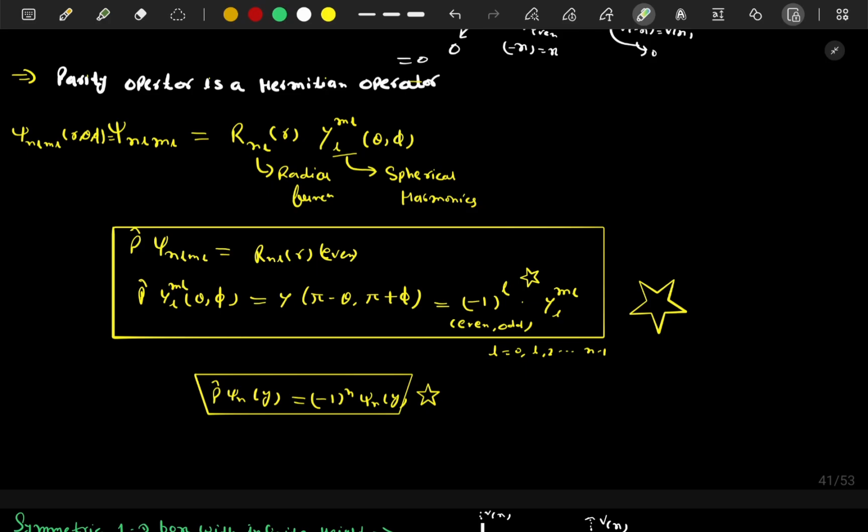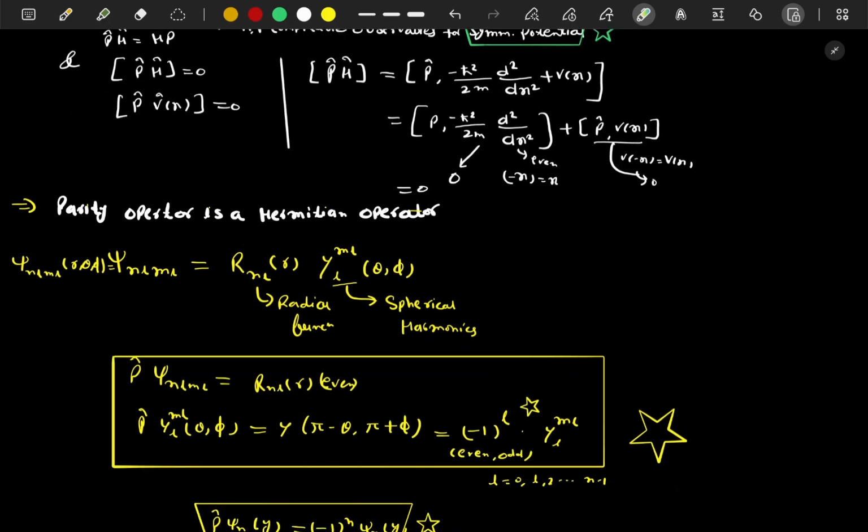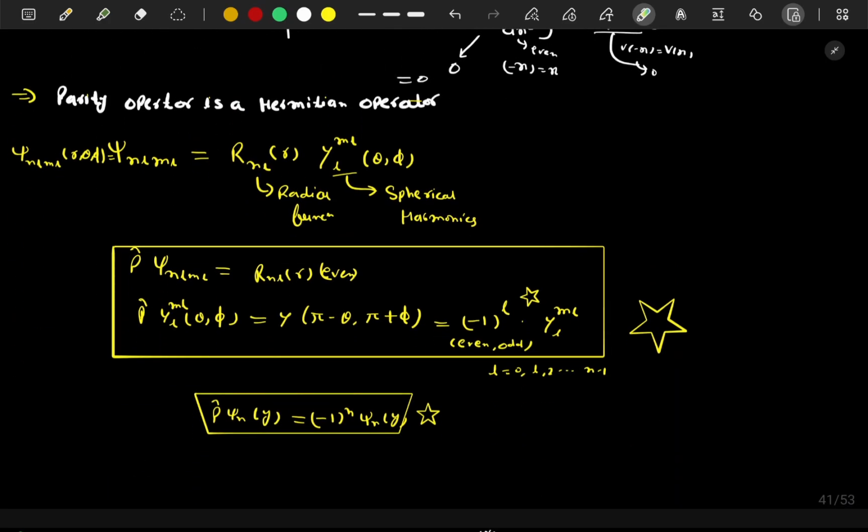Now, psi_nlm(r, theta, phi). For the hydrogen wave function, for the hydrogen atom, we will use this R_nl(r), and by the variable separation method we will use Y_lm(theta, phi). So we have divided psi into a variable r part and a theta-phi part. This is called the radial part, and this is called the spherical harmonics.